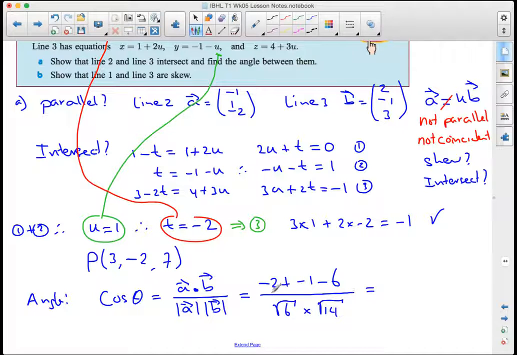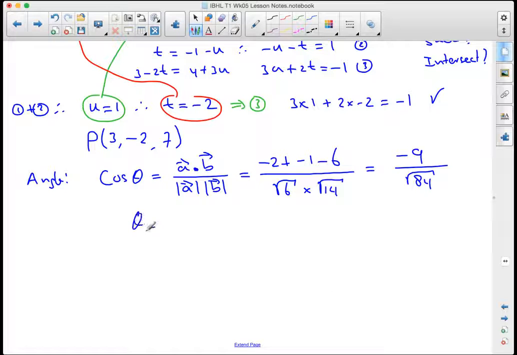So -2 take 1 take 6, they're all negative, -9 over the root of 6 times 14, 60 and 24 is 84. So theta is the arc cosine of -9 over root 84, which you can work out yourself.